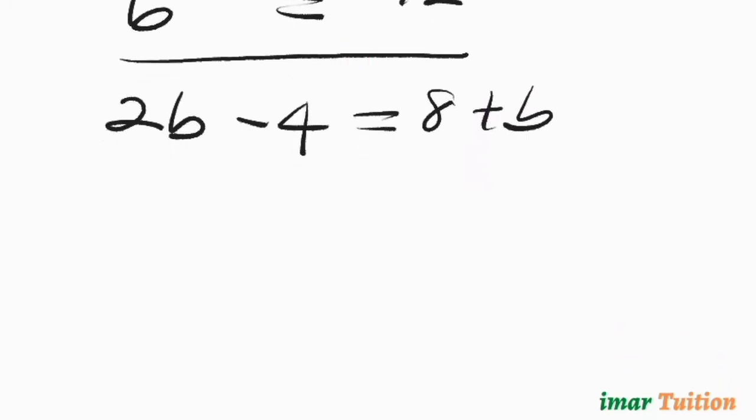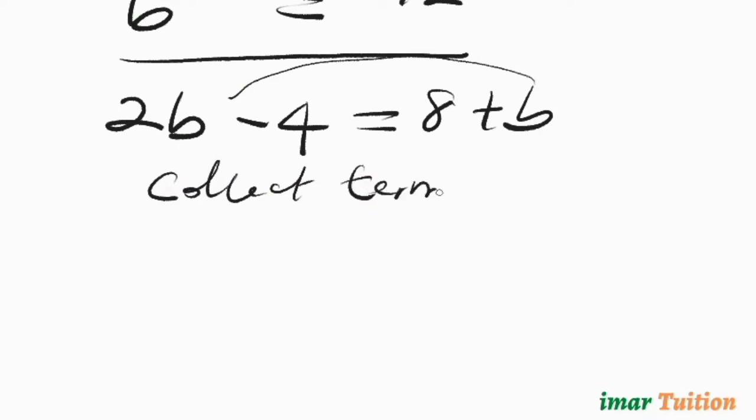linear algebraic solution process. To do that using the normal process, you are going to bring b to the left hand side to make 2b. You do what? You collect like terms. Terms that are alike here, there are b's alike, 2b's alike. So you're going to bring b to make 2b.